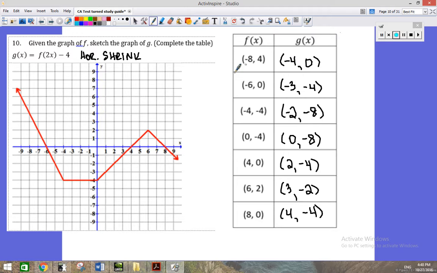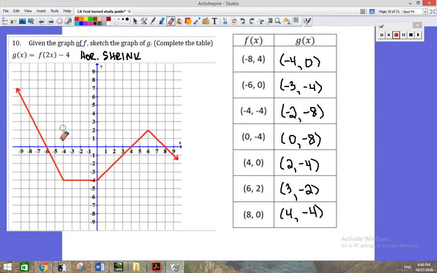So this negative 8, 4 that was right here got shrunk horizontally, so it came in towards the center. Instead of being way out here at negative 8, it got cut in half, and it's coming in to negative 4. But then it also got pushed down 4 units. So it came in, but then it got pushed down.